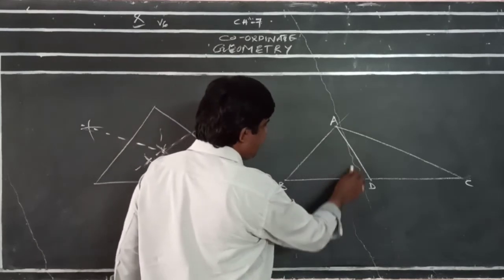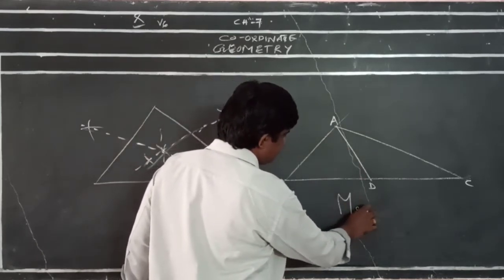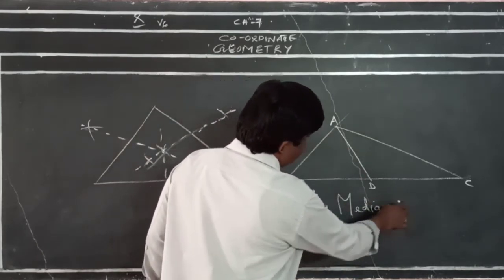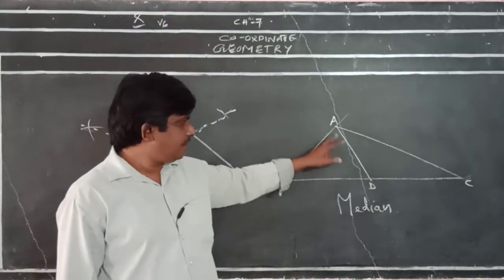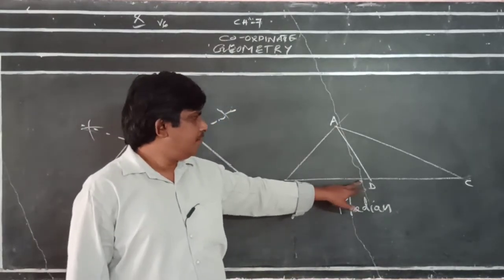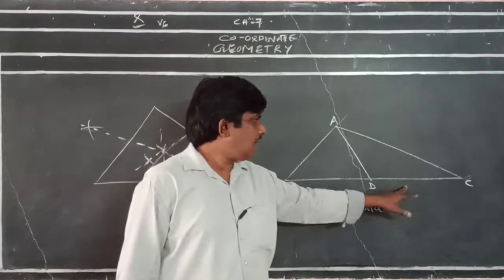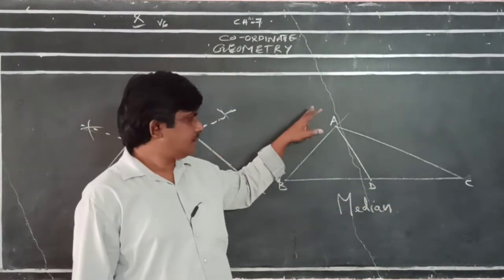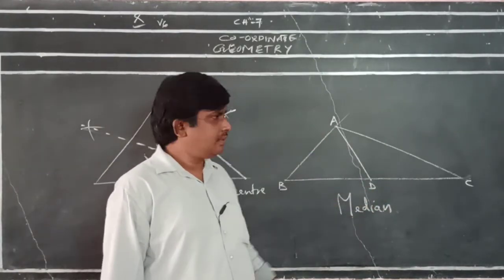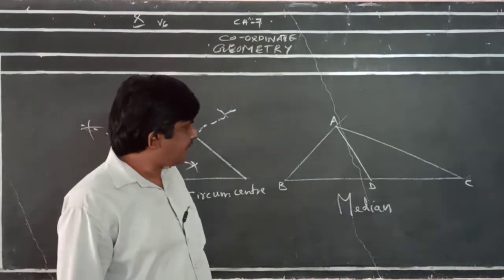This line segment AD is called a median. What is a median? The line segment joining the midpoint of a side and its opposite vertex is called a median.